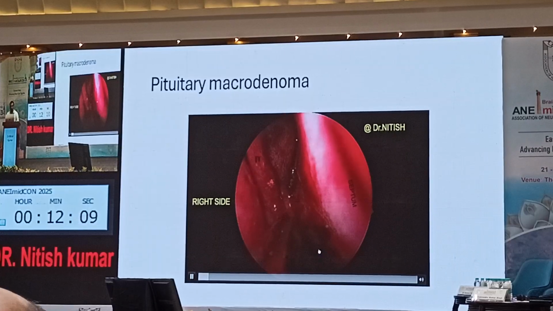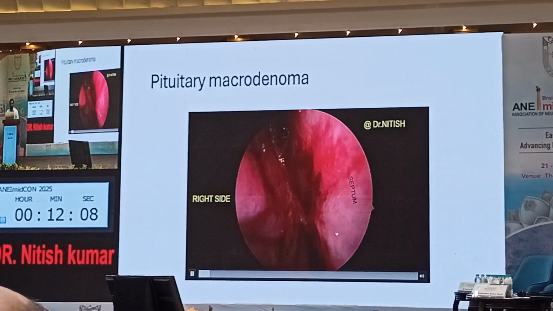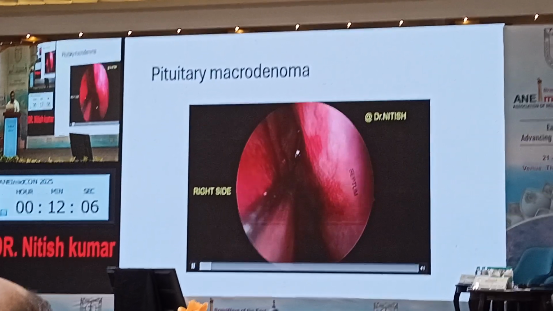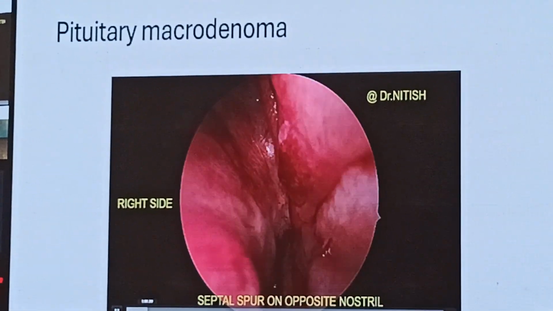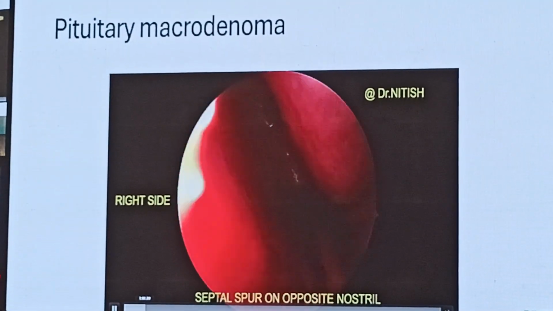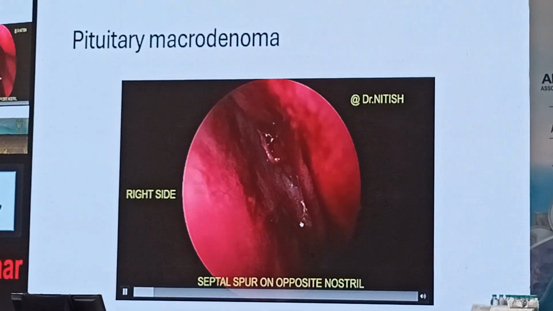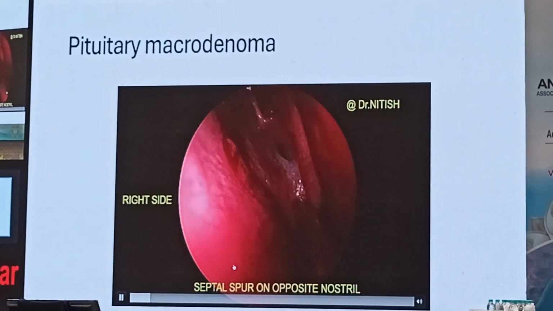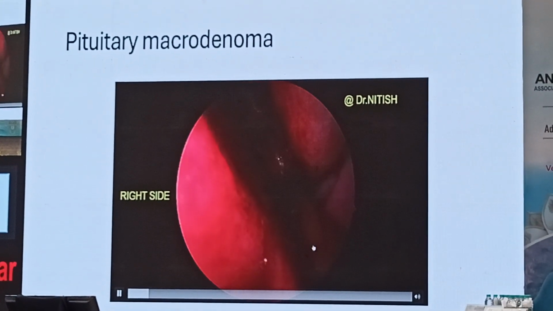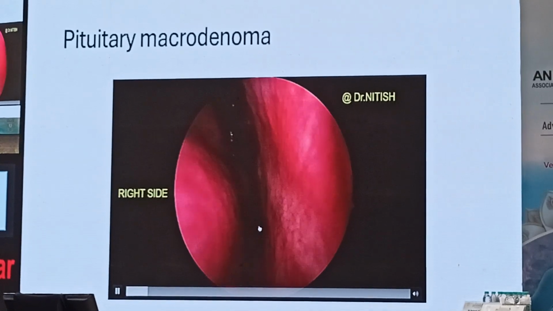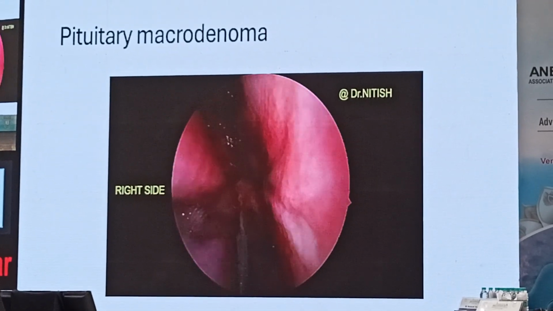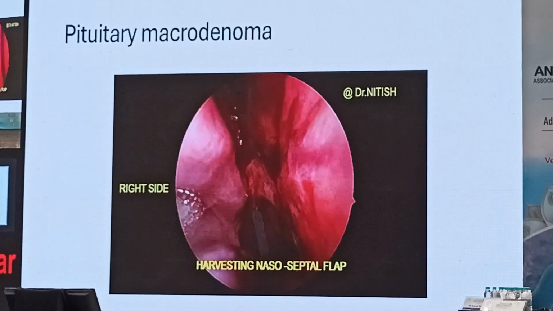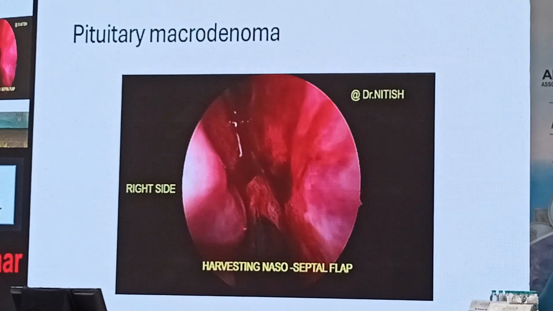This sphenoid sinus is typically located around 1.5 to 2 cm around this corner. When we introduced the endoscope on the opposite side, there was a septal spur, so this was not a good site to harvest the mucoseptal flap. So from the right side only, we are harvesting this mucoseptal flap.